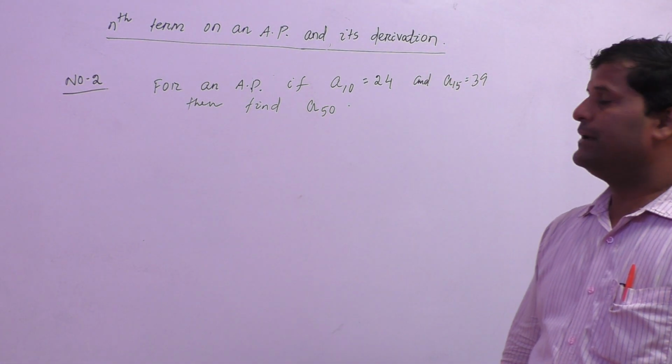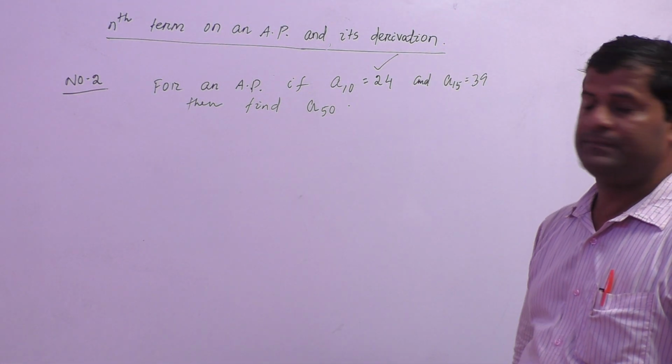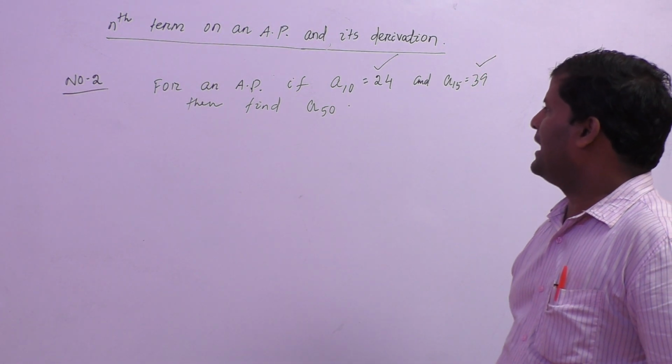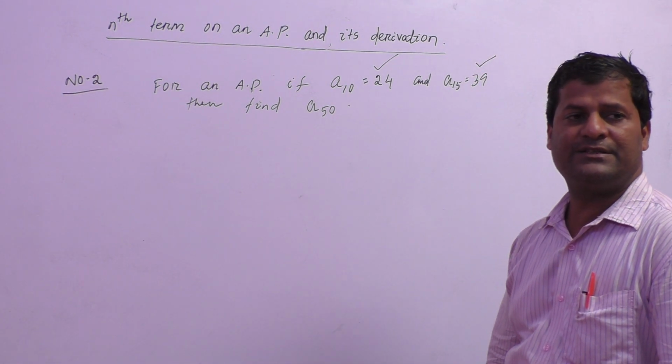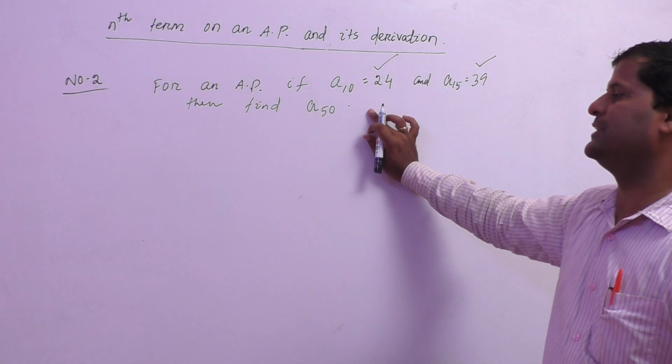That means in a sequence, the 10th term is given 24, the 15th term is given 39. Now we have to find what is the value of the 50th term. So how can you determine this?